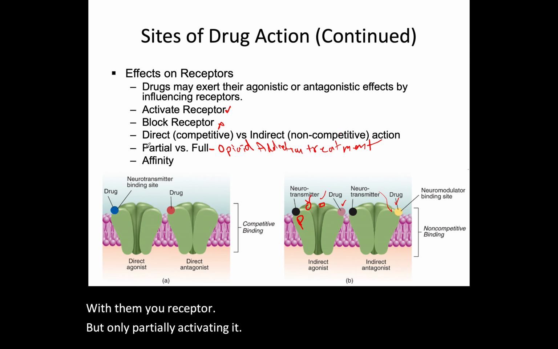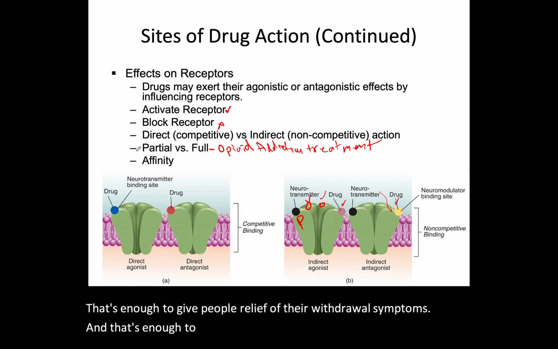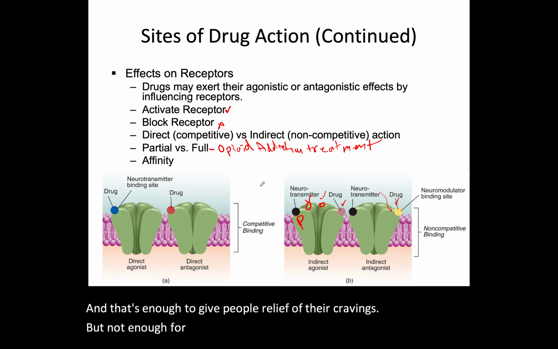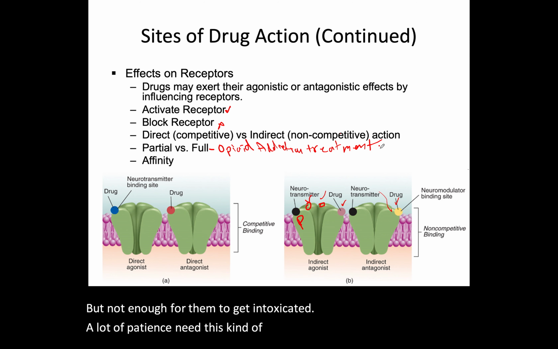That's enough to give people relief of their withdrawal symptoms, and that's enough to give people relief of their cravings, but not enough for them to get intoxicated. And a lot of patients need this kind of opioid maintenance or replacement therapy.